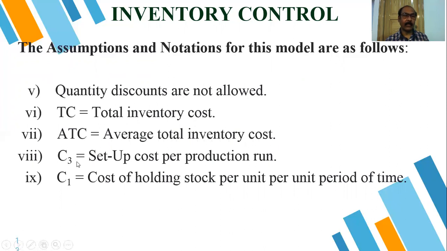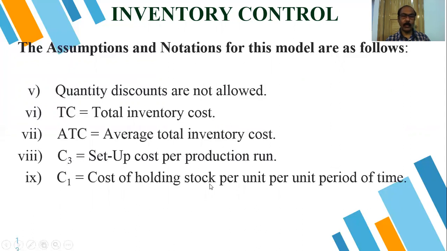C3, as part of the symbols we learned in the previous class, we know what C3 is, what C1 is, what C2 is. C3 is our setup cost per production run, or we can call it the procurement or ordering cost.